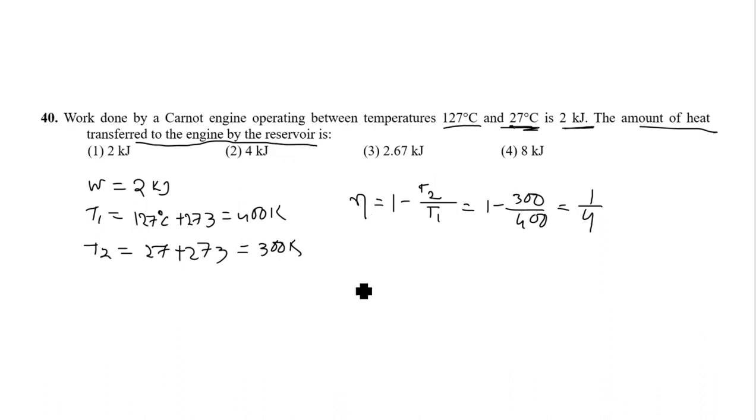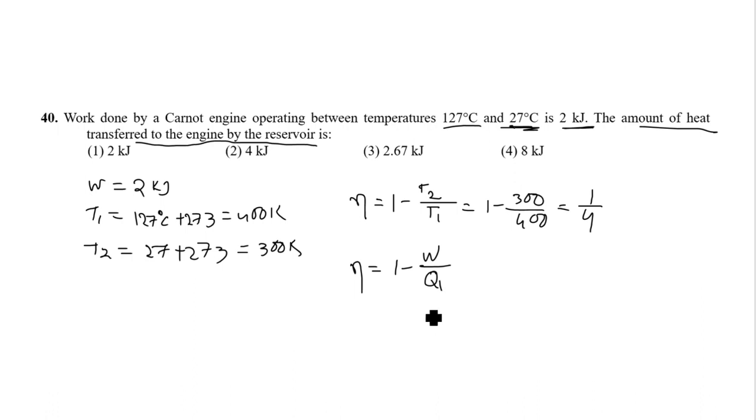Another formula of efficiency: eta is 1 minus work done divided by heat of the source, Q1, the amount of heat transferred to the engine by the reservoir.